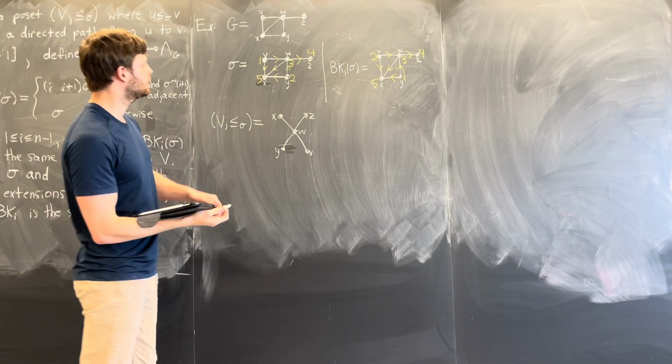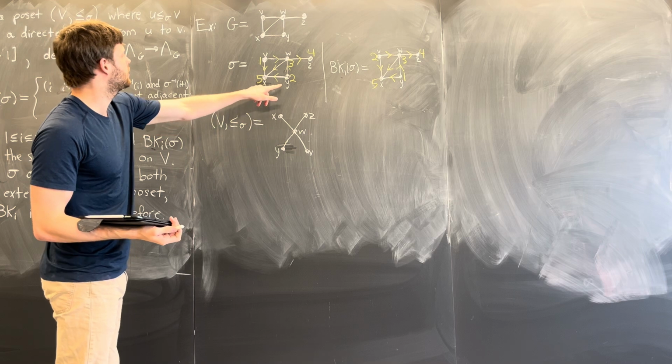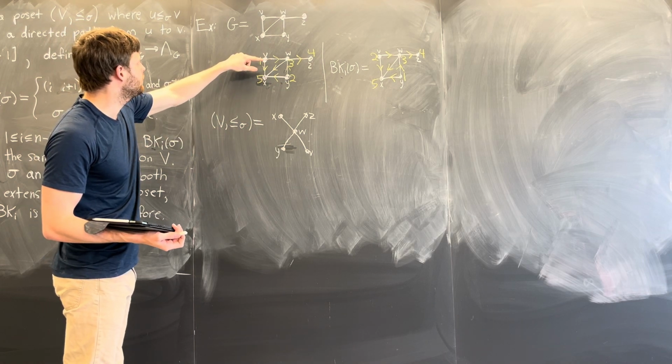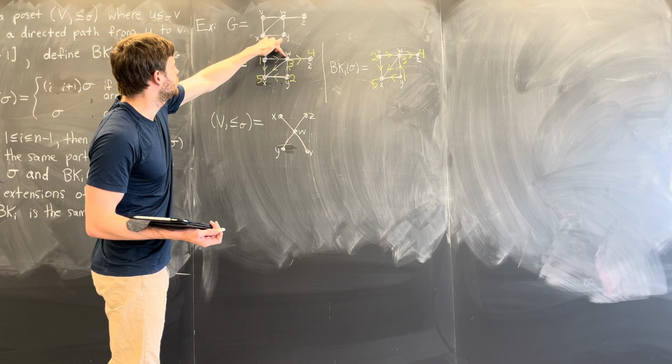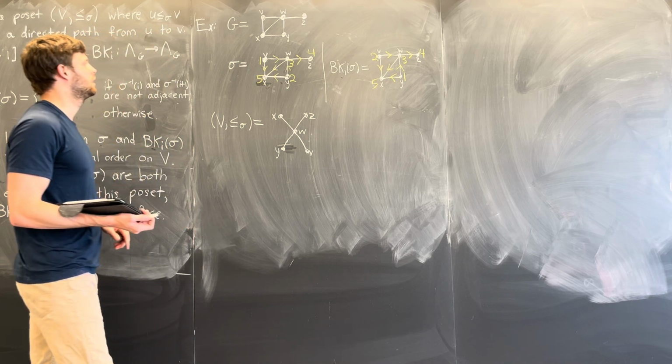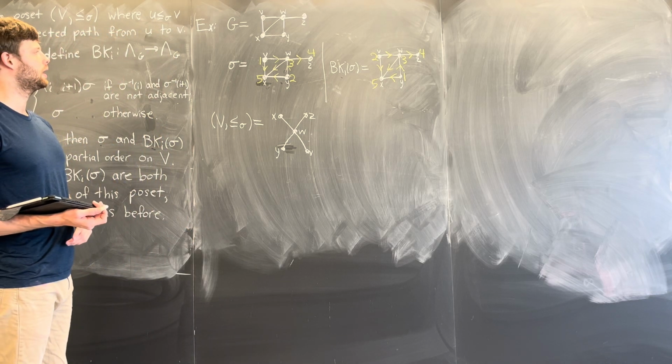I think that should be right. Right, so y is at the bottom, and then v is also at the bottom, and then here's w, and then w is less than z, and w is also less than x.